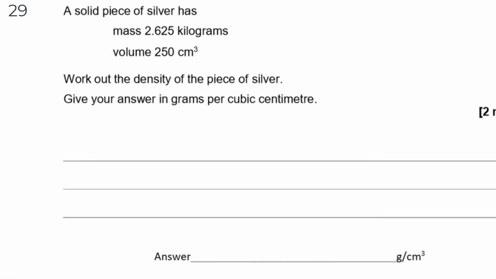A solid piece of silver has a mass of 2.625 kilograms and a volume of 250 cubic centimeters. Work out the density of silver. Give your answer in grams per cubic centimeter. Okay, so the formula for density is mass divided by volume.